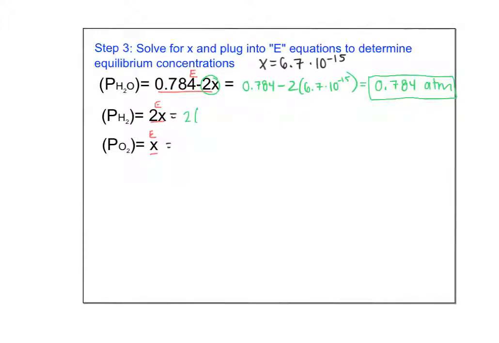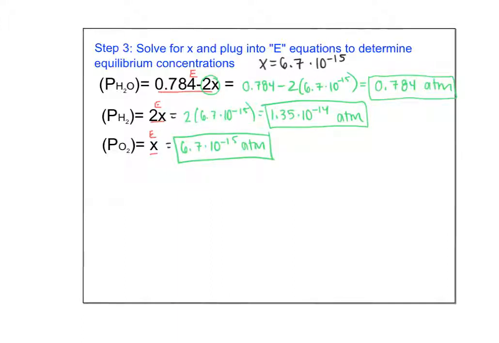Then 2 times our x value will give me 1.35 times 10 to the negative 14th, and we're in pressure, so atmospheres, atm. And just x, that's the easiest one. So there's our equilibrium pressures.